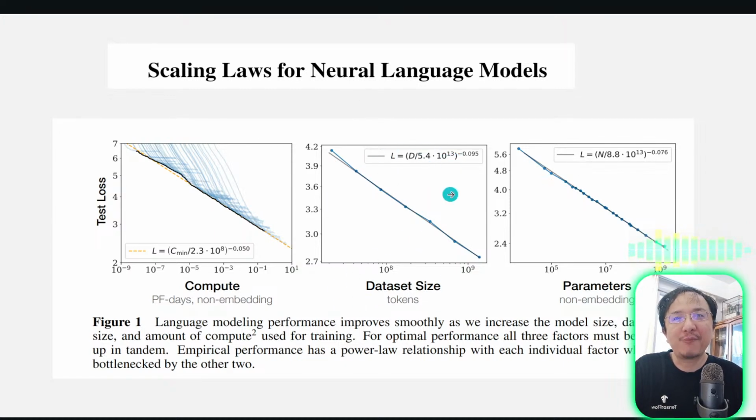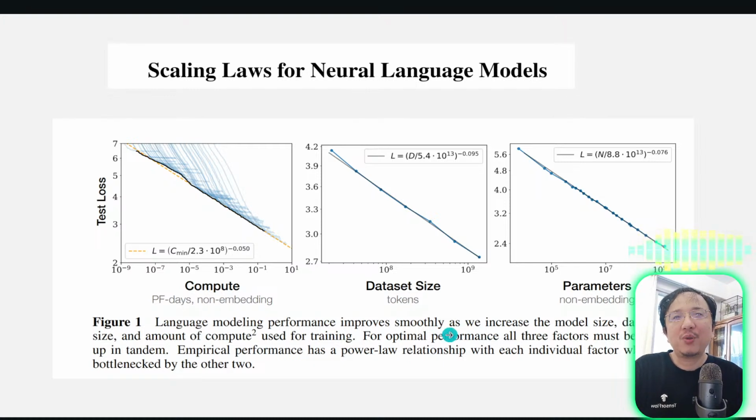The data size has to follow these rules, the compute has to follow these rules, and N, which indicates the parameters, has to follow these rules. If they are increased following these power laws, then the performance is guaranteed, at least at the scale they observed. The empirical performance has a power law relationship, and if all three are increased accordingly, the result is kind of predictable.